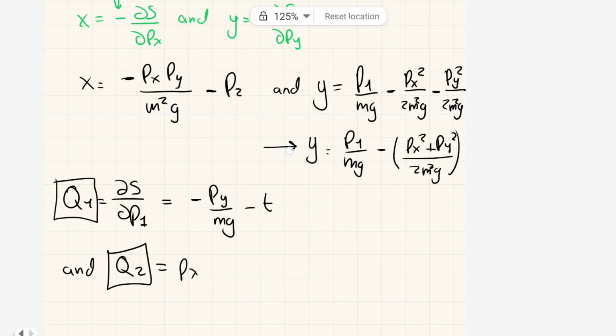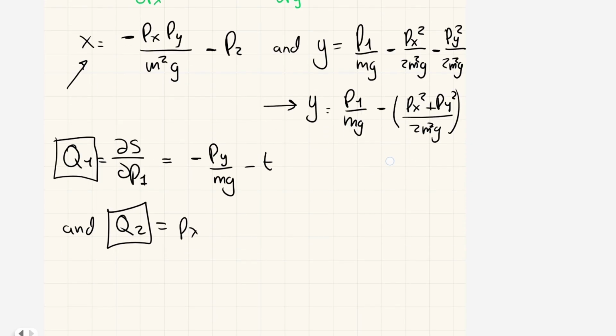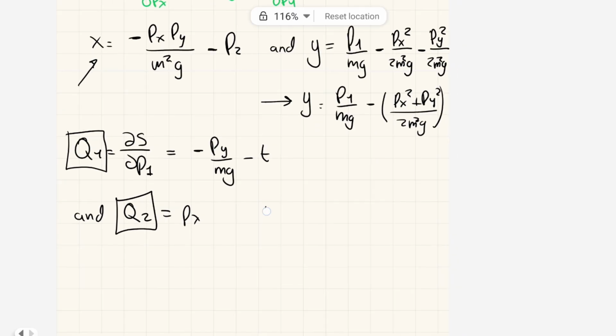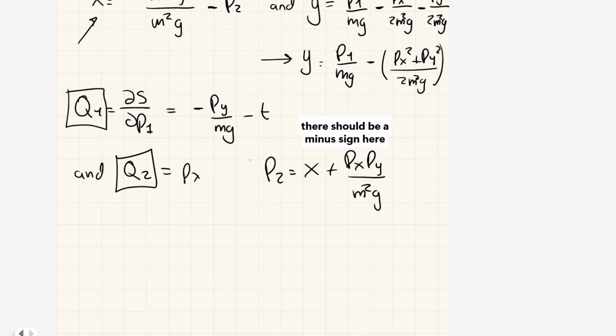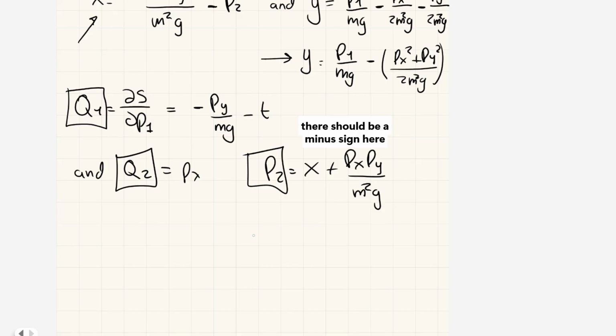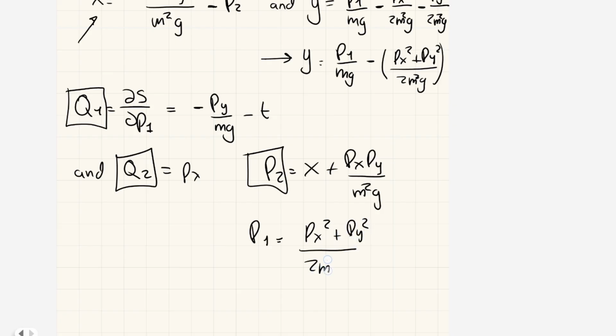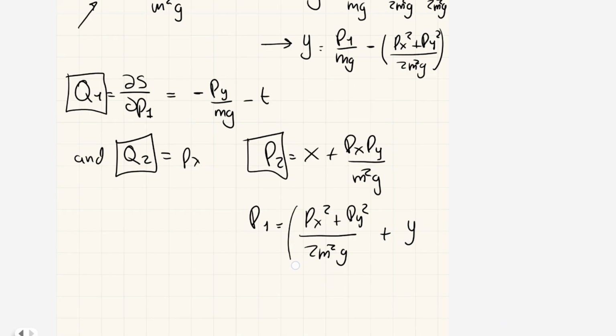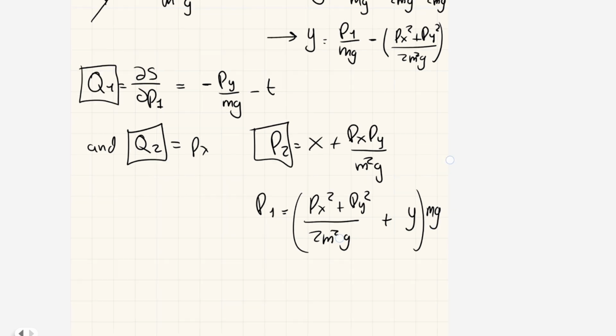From these two equations we can immediately see that p2 is equal to x plus px py divided by m squared g, and then p1 is equal to px squared plus py squared divided by 2m squared g, plus y, and then all this multiplies mg.